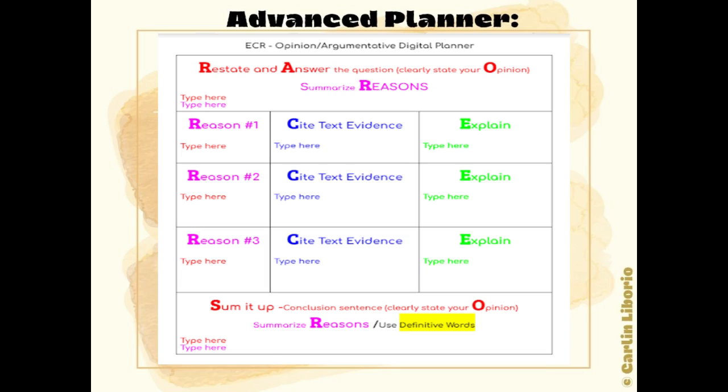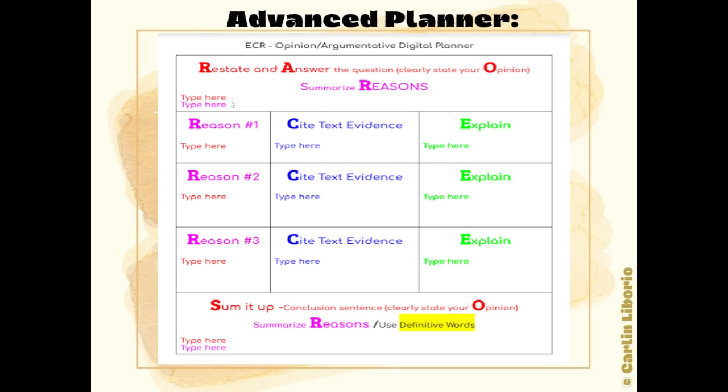So they're basically restating and answering the question. They're giving their opinion. And then, what I noticed from the scoring guide, and I added this even though it's a little higher level, is I want them to summarize their reasons. And I always tell them to go back and do that last instead of at the beginning.